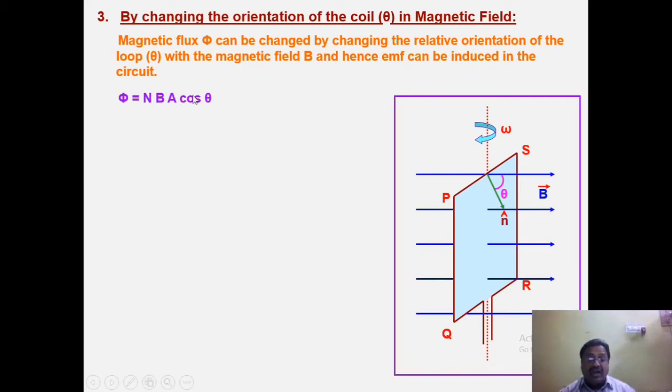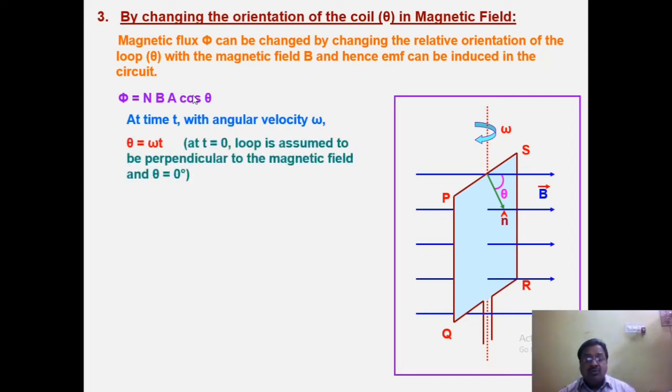NBA cos theta, right? And at time t, with angular velocity w, w will be equal to theta by t. The rate of change of angular displacement is your angular frequency or angular velocity. So theta will be equal to omega t.